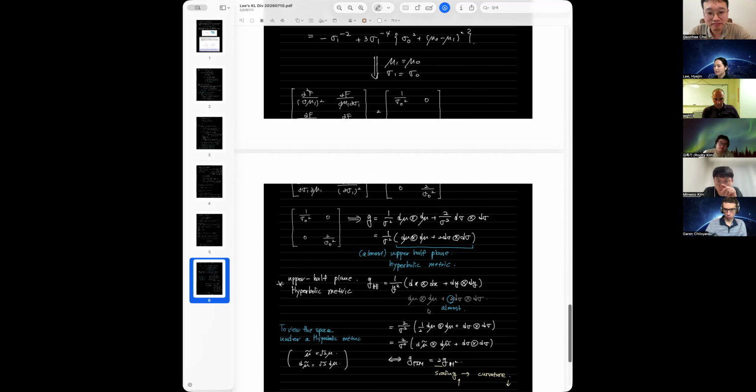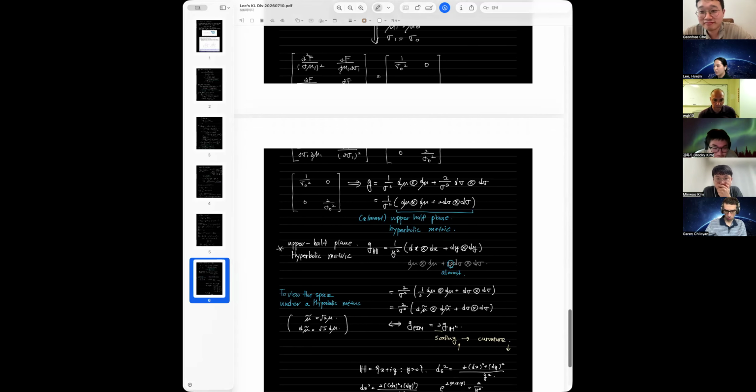I wrote the upper half plane hyperbolic metric, the definition of this, and G under H equals 1 over y squared, dx tensor product dx plus dy tensor product dy. We are only scaling these terms like sigma.